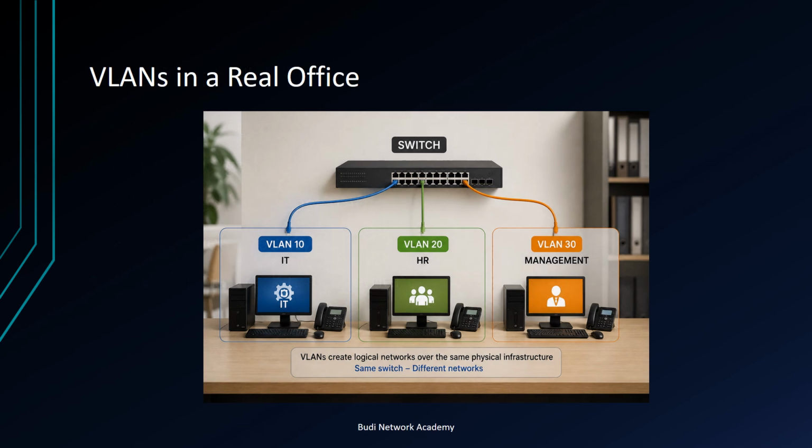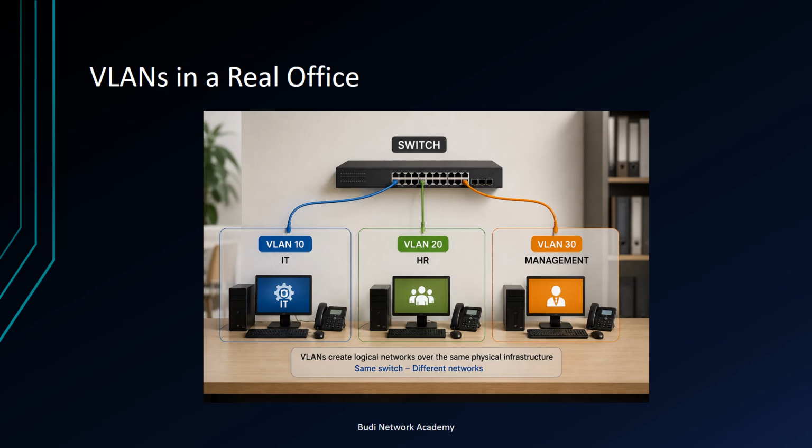Let's look at a real-world example. Imagine an office with 3 departments: IT, HR, and management. Instead of creating a completely separate physical network for each department, we can use VLANs. IT devices can be assigned to VLAN 10. HR devices can be assigned to VLAN 20.